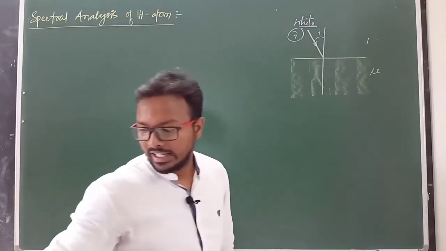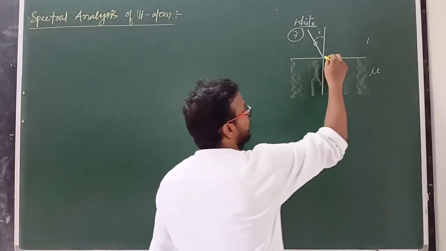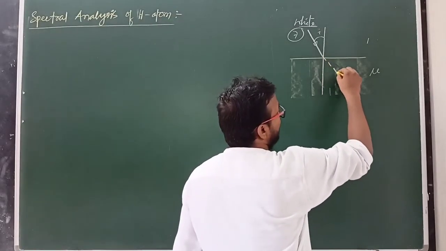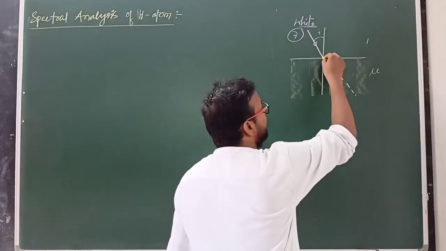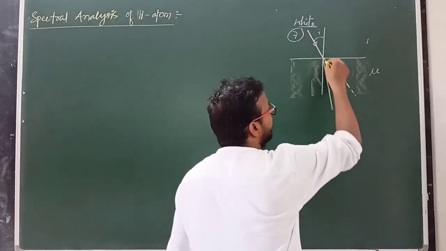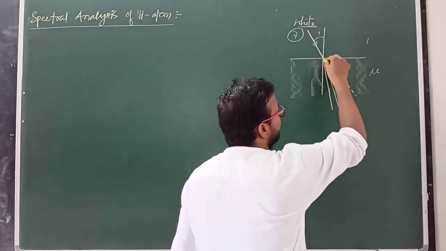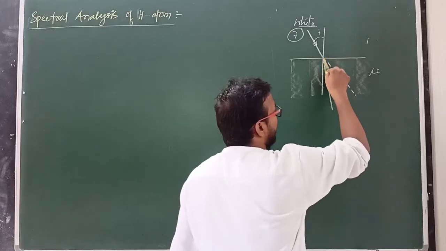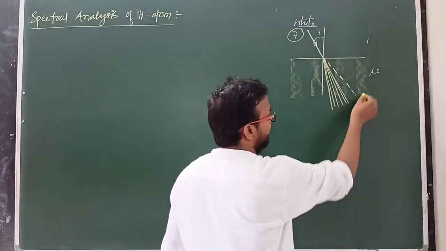Then, while light goes from the rarer to the denser medium, this is the original path, this direction. Then the light splits into different colors. These are the different colors of light. Clear? And we get 7 colors of light, or 7 wavelengths.